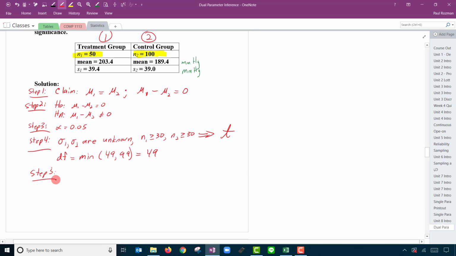Step 5, calculate your test statistic. Go back to your previous page, go look it up. It's x bar 1 minus x bar 2 minus mu1 minus mu2, all over the square root of s1 squared over n1 plus s2 squared over n2.